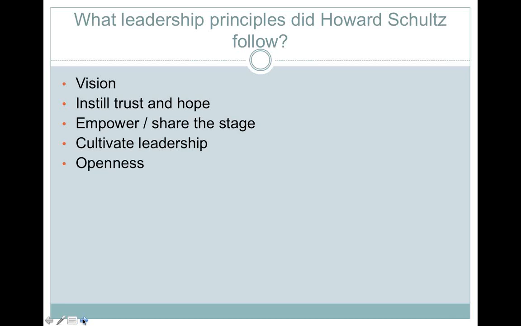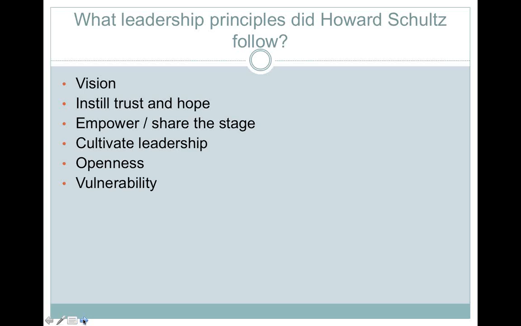He's very big on openness, being open about himself, being transparent about what's going on in Starbucks. And interestingly, he talks about vulnerability.